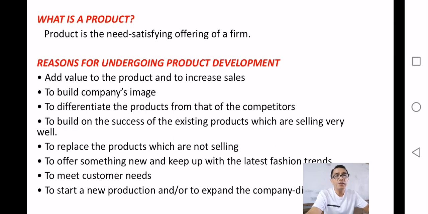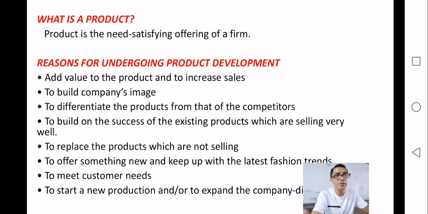To differentiate the products from that of the competitors. So we try to develop our products so that our product will be higher in terms of standard compared to our competitors, to build on the success of the existing products which are selling very well.